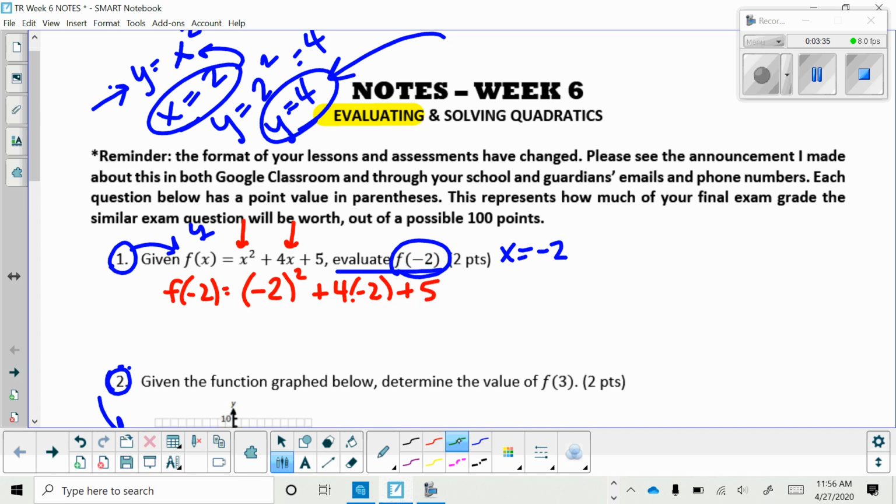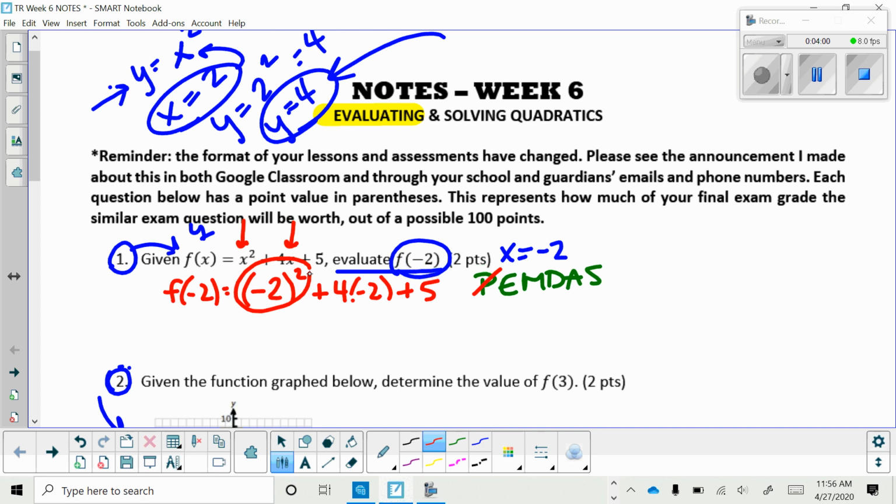Now here you have to be careful that you're following your PEMDAS order of operations. Simplify inside parentheses first, that's the P. But when you look inside your parentheses, all there is negative 2. There's no more work to do there. So really, there's no P step. E stands for exponents. This is the place where there's an exponent.